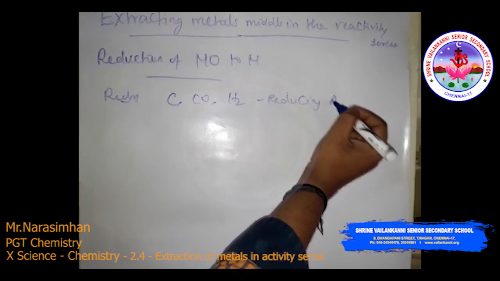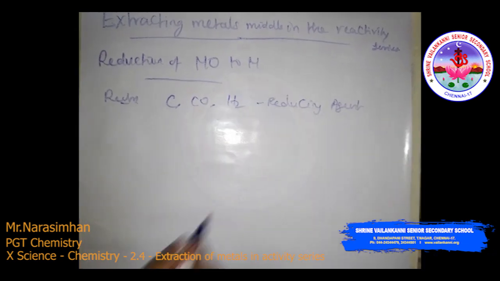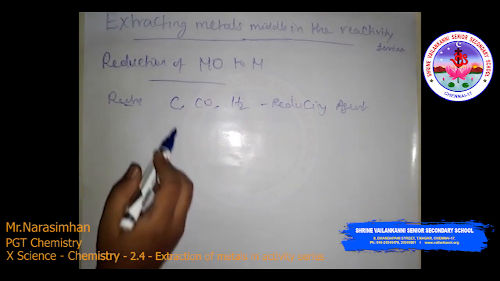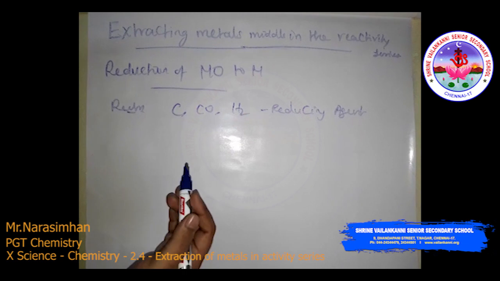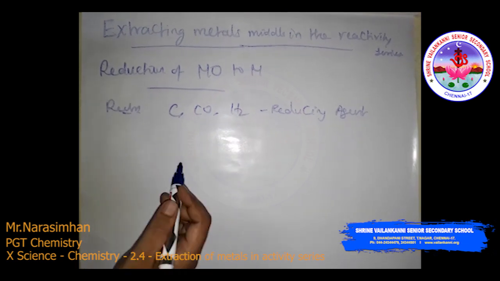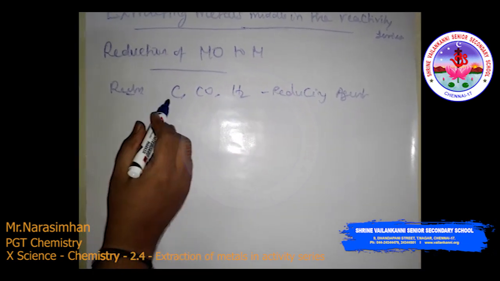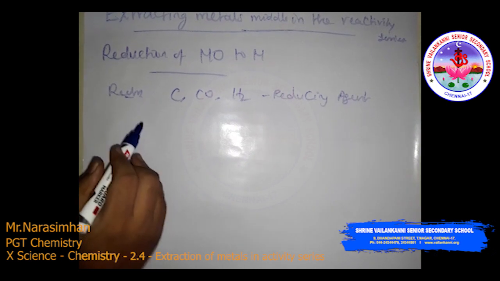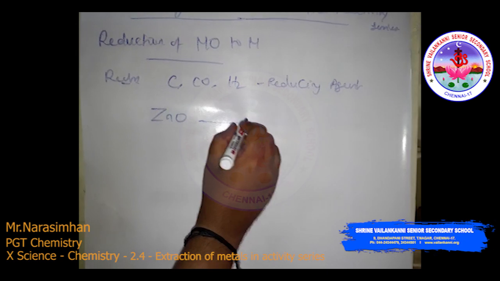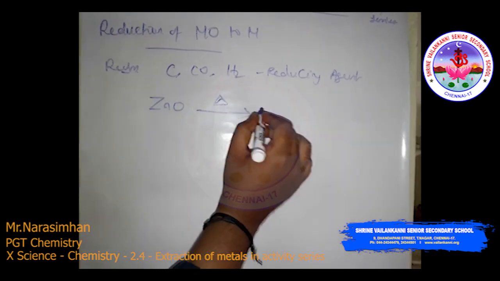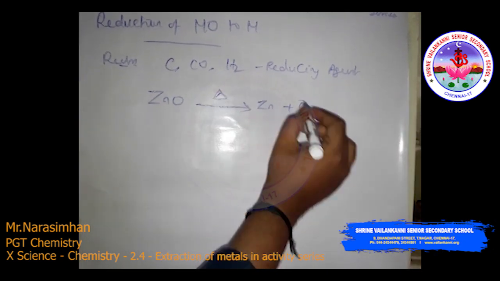Why are we using the reducing agent? Without a reducing agent, the reaction will be very expensive, that is costlier. So in order to reduce the cost of the reaction, we have to use the reducing agent, because otherwise we need high temperature. The zinc oxide on heating at high temperature will convert to zinc and oxygen.